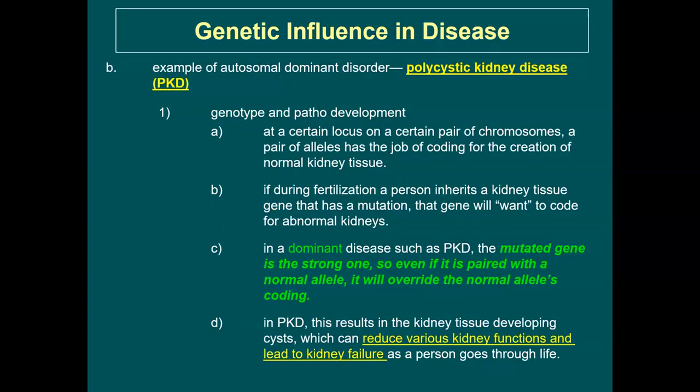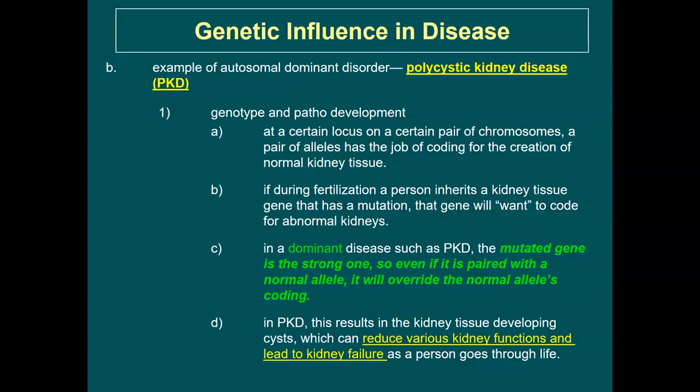So when we have an individual who is at risk for getting an autosomal dominant disorder, and we're going to talk specifically about polycystic kidney disease, we know that on a certain locus there is a pair of chromosomes, a pair of alleles, that's responsible for coding the creation of normal kidney tissue. In other words, nephrons.